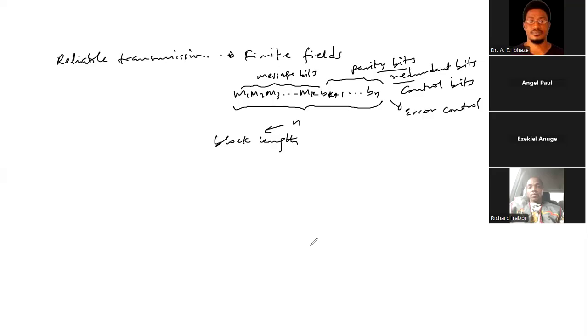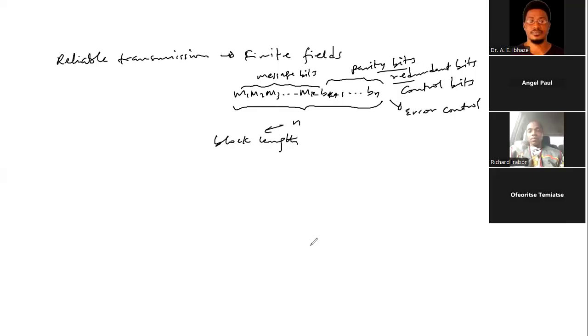So to enforce reliable transmission, we need coding. And for us to code, the algebra for the construction of those codes that will guarantee reliable transmission is the finite fields theory. Is that clear? Because I need us to build this background.